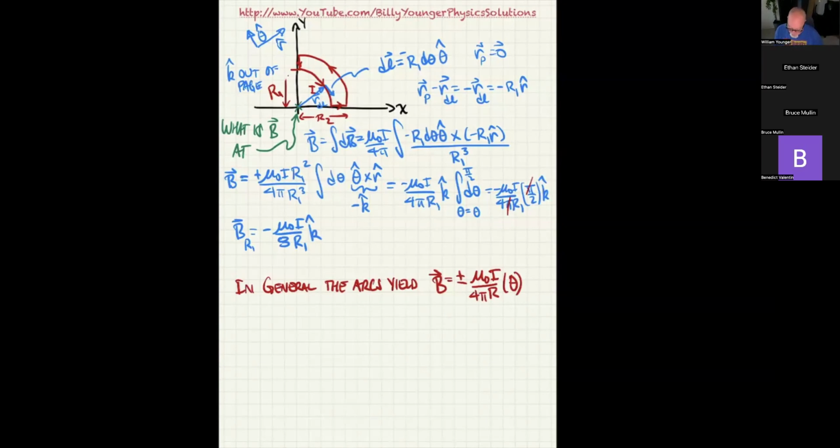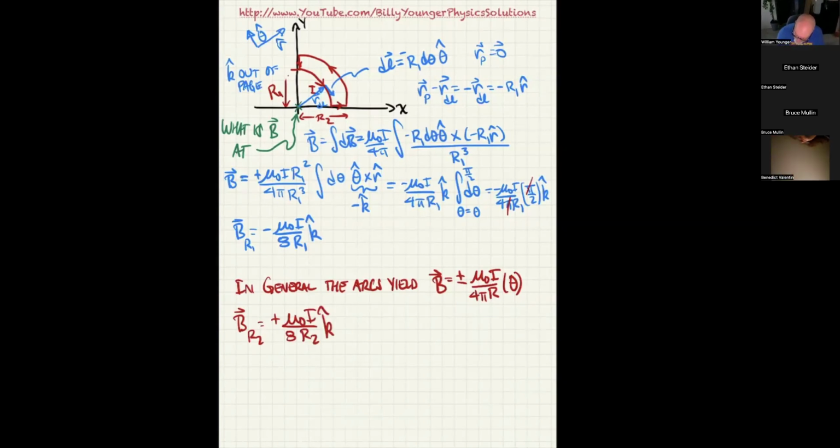So you just plug in pi over 2 there, and you'd see that that would cancel out the pi and would give you the actual answer that we got, mu 0 over 8R1. So that's the general answer. Now I can say that B for R2 is going to be positive mu 0 I over 8 R2, and that's in the positive k hat direction.